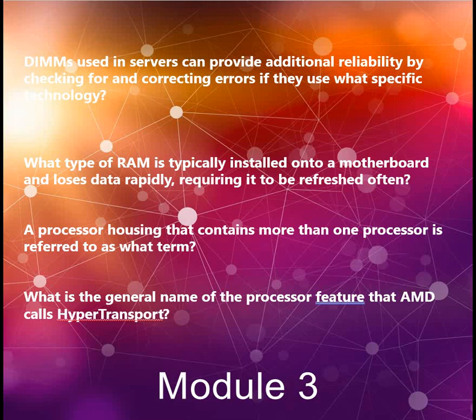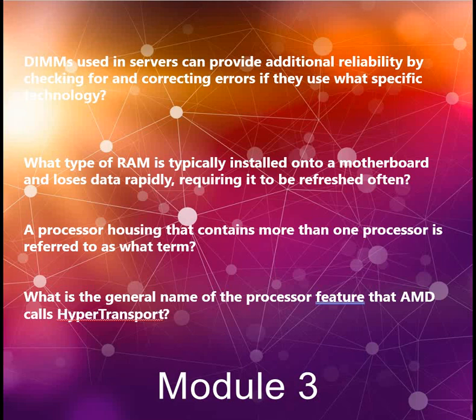For question 8, what is the general name of the processor feature that AMD calls HyperTransport? First possible answer is virtualization, and that is incorrect. Virtualization is actually using a computer within a computer or a machine, whether it's a server or whatnot, having virtual machines or VMs built to emulate a whole other computer within one computer.